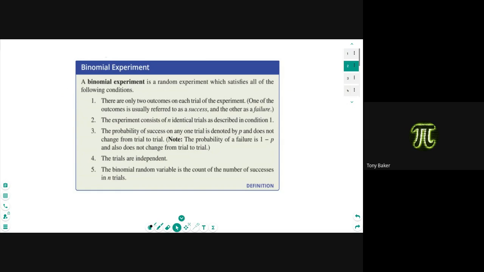Since it's one or the other, that's how that works. If it wasn't, we wouldn't be able to just find the complement. The trials are independent, which means they don't interact with each other, so there's no overlap between the trials. And the binomial random variable is the count of the number of successes in the experiment.